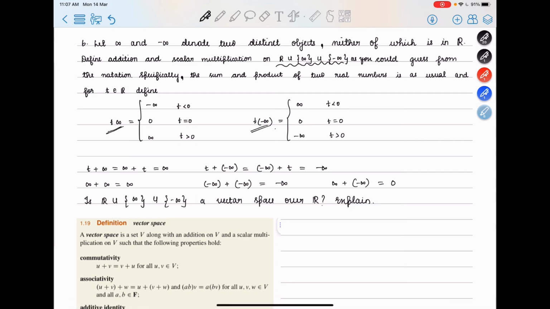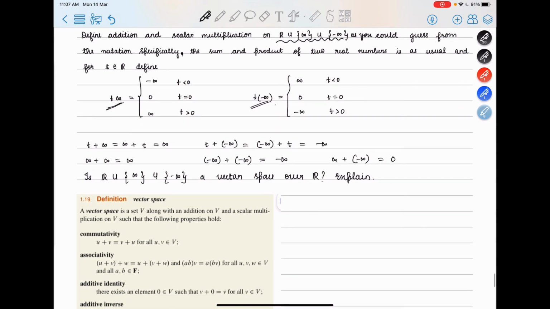This looks like scalar multiplication, multiplying a vector with a scalar. How do we do that? Using these conditions.